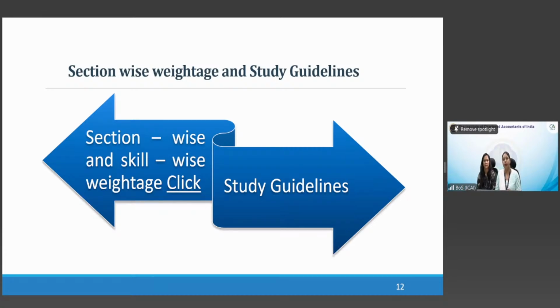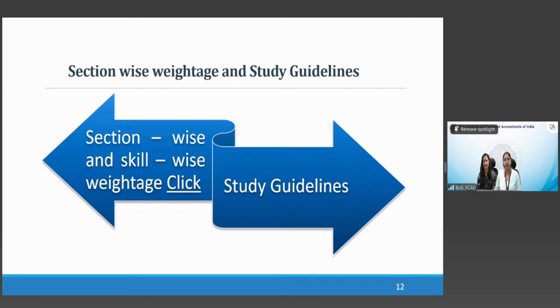Otherwise, section wise weightage tells you the weightage of each of the sections. Primarily substantive provisions, both in GST as well as in customs, have the highest weightage. So in GST, if I say from the supply chapter till ITC, it almost carries 50% of the entire paper. Weightage of almost 50%. So you can understand how important it is, so you should focus more.